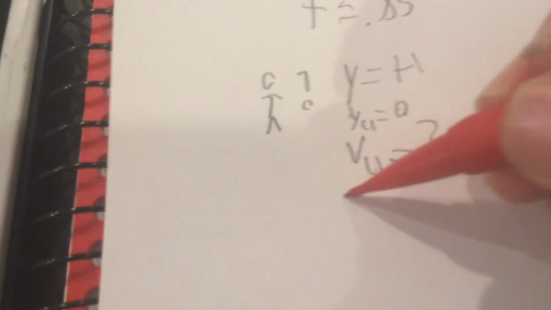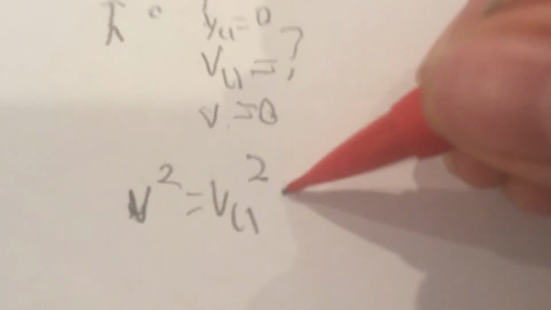Okay, so in order to solve for v naught, one last thing is that v should be equal to 0 at the maximum, because that height y equals h is the maximum height.